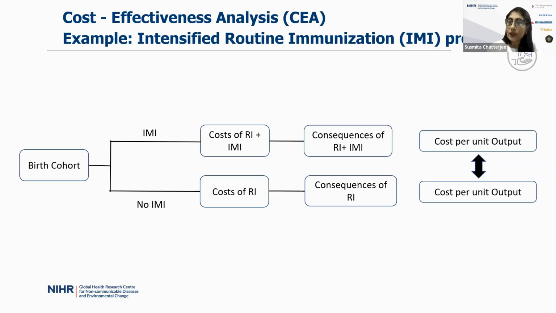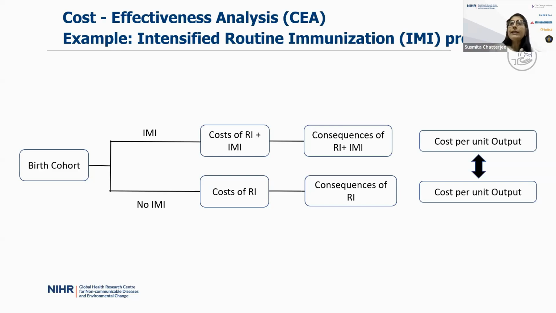And that's why it is incremental, because the cost of RI is common in both. So you really don't need to cost it, because it is actually canceling. Like the simple thing in mathematics, we cancel this out, right? Because the cost of RI is known, and I am expecting that the counterfactual is known.